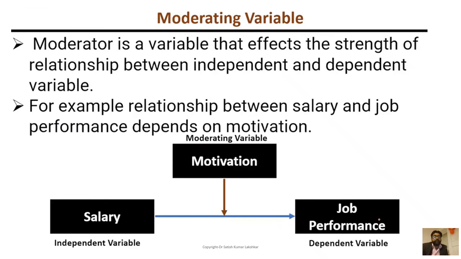In this case, the role of moderating variable could be played by motivation. A moderating variable is a variable that affects the relationship or the strength between the independent and dependent variable. For example, the relation between salary and job performance depends on the motivation. So here we are talking about moderation. Previously we were talking about mediation.